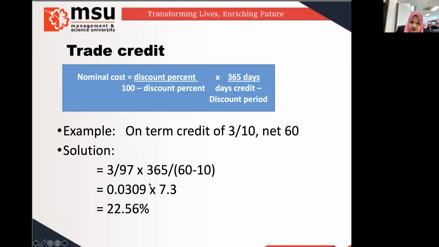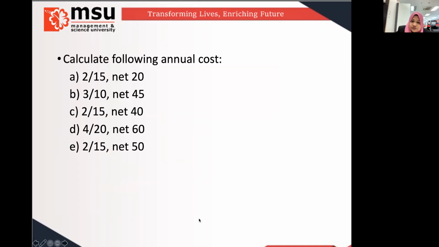Multiply both answers and you will get 0.2256. Then you multiply by 100 so the answer will be in percentage. So you may try all these questions: how much is the cost if the discount is forgone?